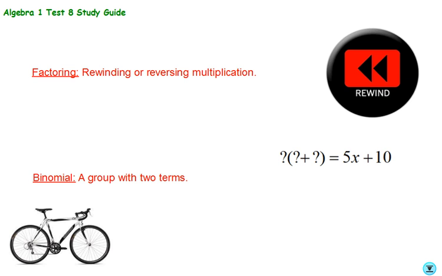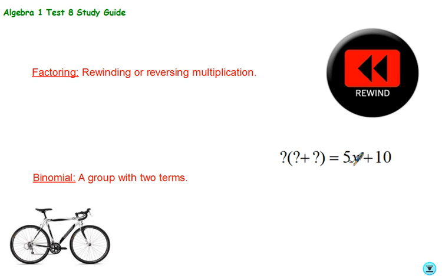Alright, and just in general, this idea of what it means to factor: throughout the video you'll notice in the right hand corner this little rewind button, and that's just my little visual cue to remind you what it is that we're doing here. The idea of factoring, and I've got it on the board here for you, is rewinding or reversing multiplication. So we're going backwards to ask, what did something look like before it got multiplied?